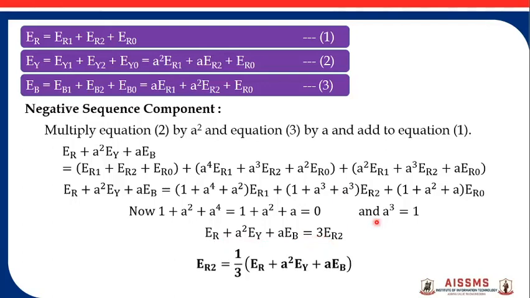So from this we are getting the equation for negative sequence component, that is E_R2 will be equal to 1 by 3 (E_R plus a square E_Y plus a into E_B), that is negative sequence component in terms of phase quantities or phase voltages.